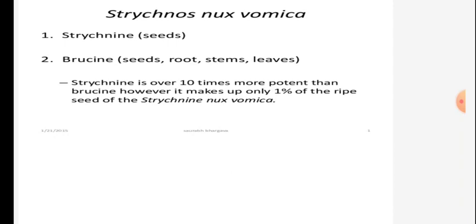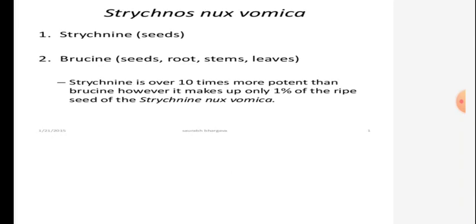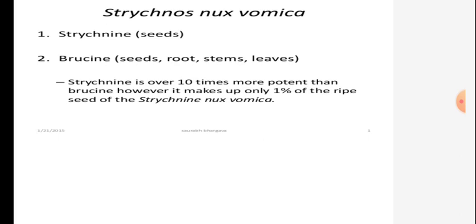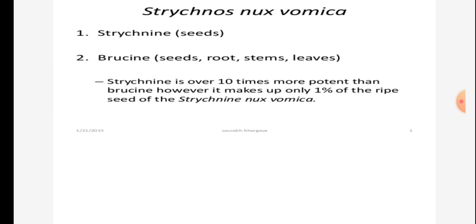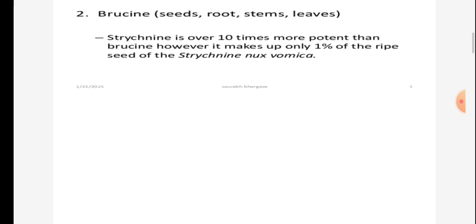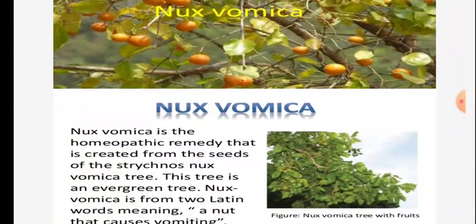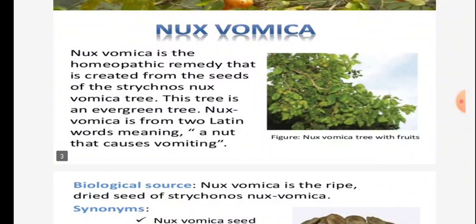It mainly contains strychnine, which is over 10 times more potent than brucine. Brucine is present in other parts, and its seeds are used. 1% is in the ripe seed of Strychnos nux vomica. Nux vomica is a homeopathic remedy actually, but nowadays it is also known in Ayurveda.